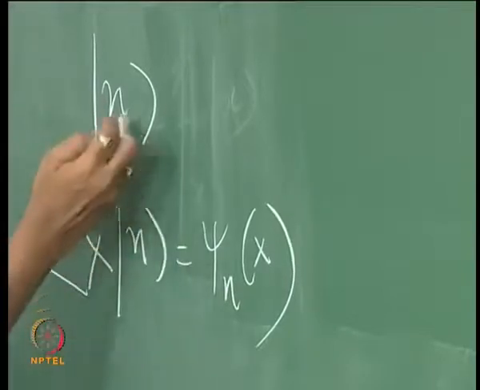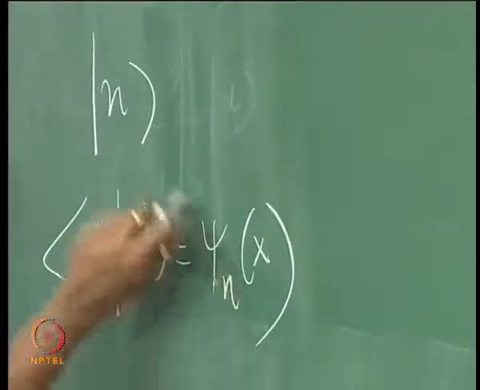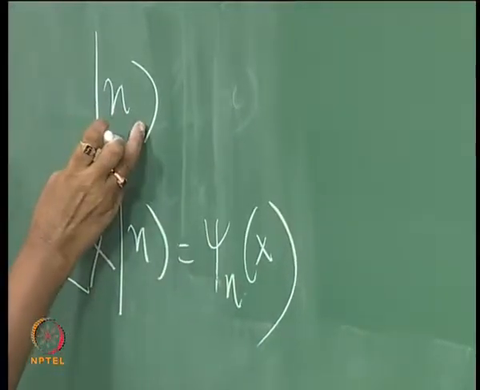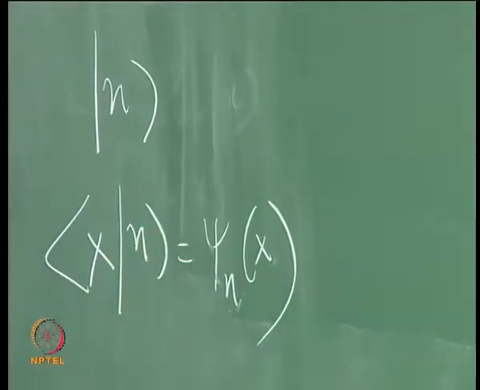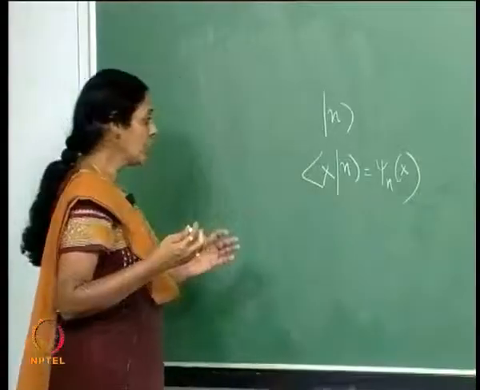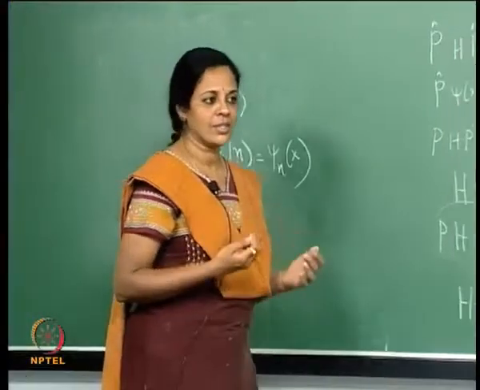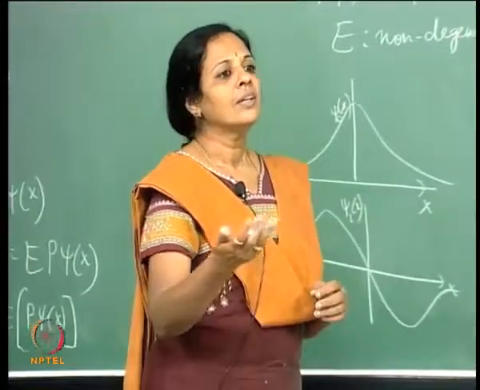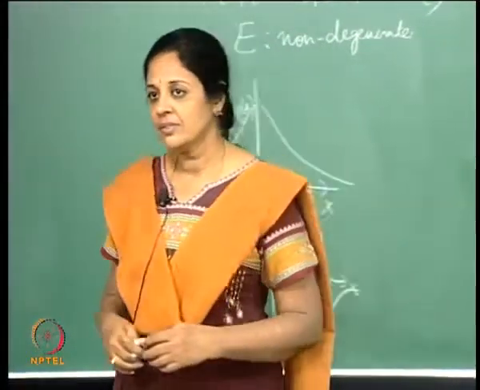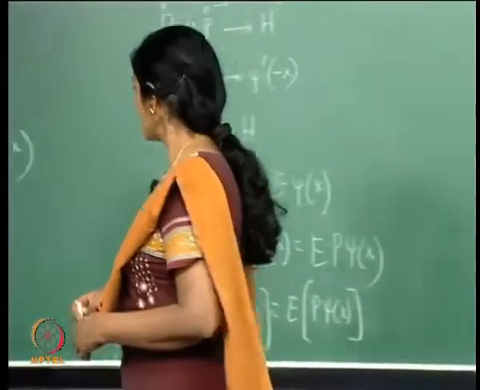So this is the notation now. Ket n, earlier written in the position basis, is psi n of x. This is the nth eigenstate of the oscillator. If you wish, it is the n photon state. In the scenario of quantum optics, it is the n photon state written in the position representation. It is a wave function for an n photon state.